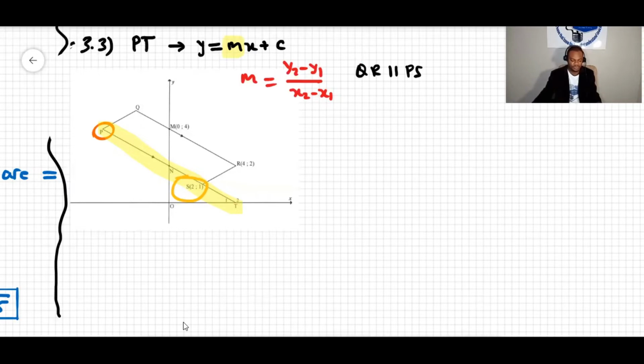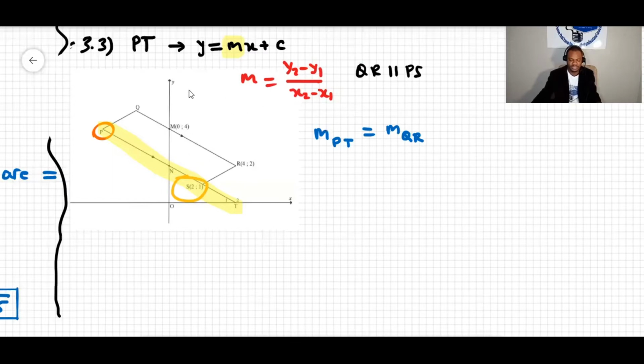So the gradient of the line PT must be equal to the gradient of the line QR. We can find the gradient of QR because we have 2 points, the point M and the point R.